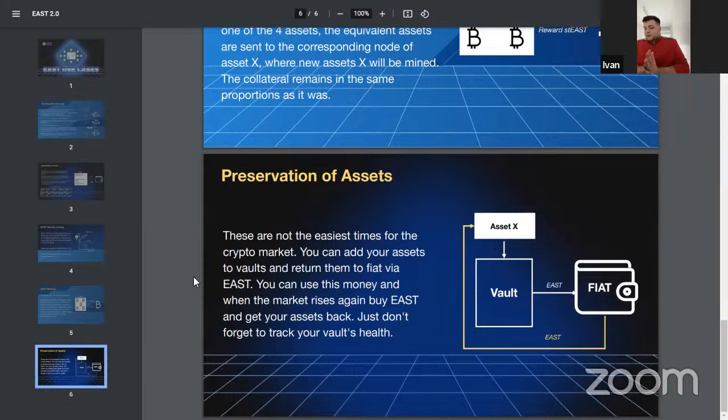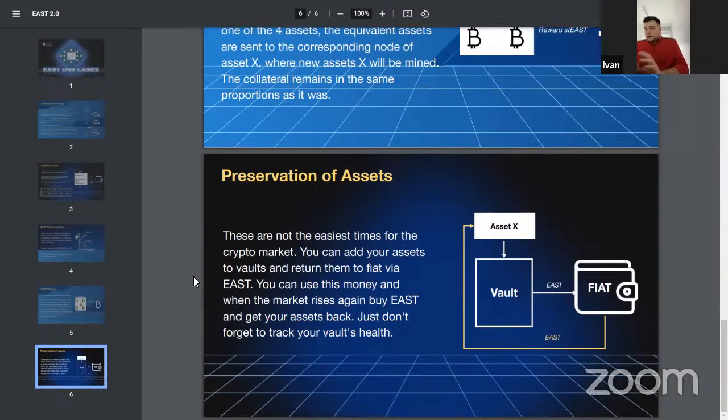So it means that, for example, when there's a bad time for the market, you can take your assets, put them into the vault, take your ETH, change it to fiat, and use it for any needs.